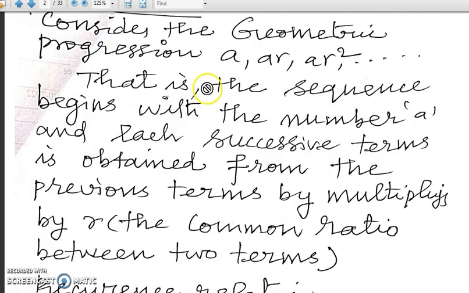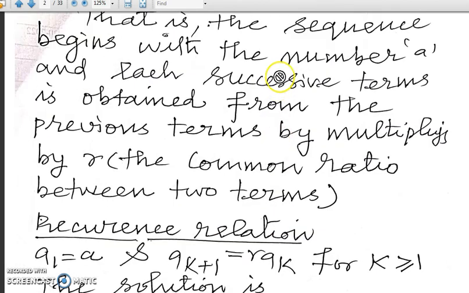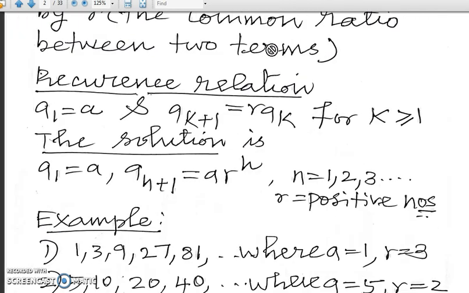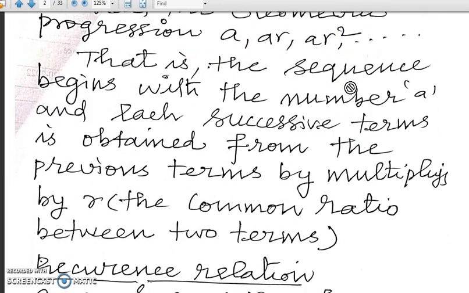a1 is equal to a comes here, and then when k equals 2, you'll have a2 equals r times a1. a1 is a, so a times r is what you have as the second element here, and the same way, dot dot dot, you'll get this geometric progression.